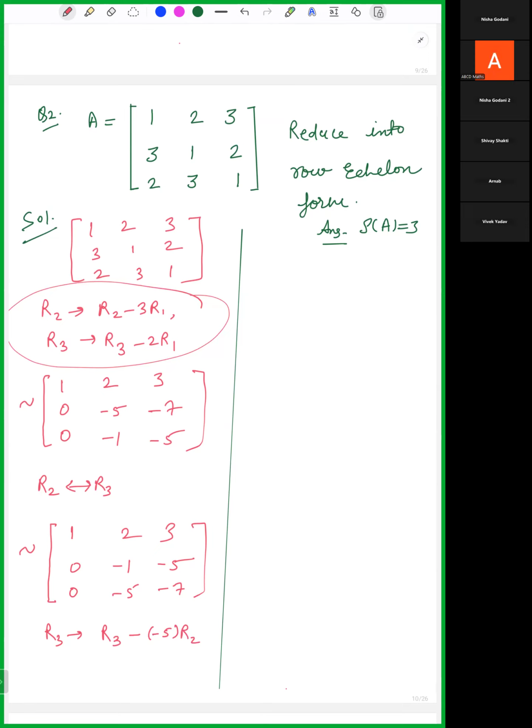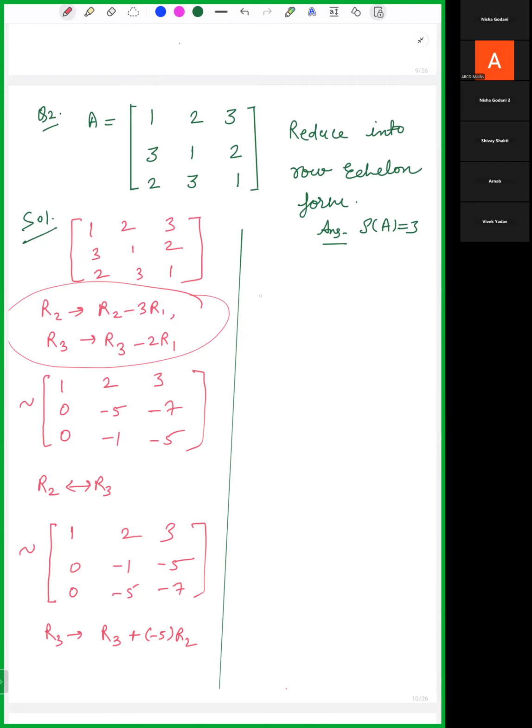So when you apply this operation, R3 minus 5R2. R3 plus minus 5, or R3 minus 5 directly.